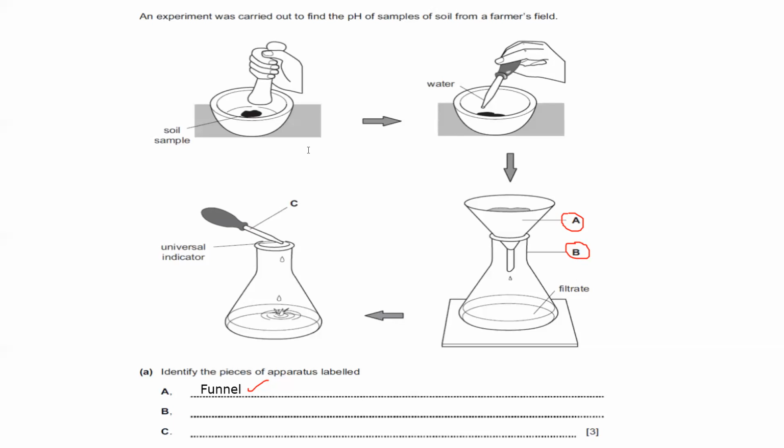The second one is a conical flask. Okay. Yeah, Abdullah, it's okay, you typed.